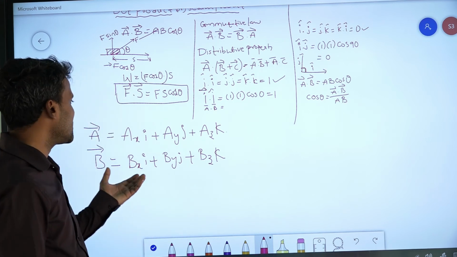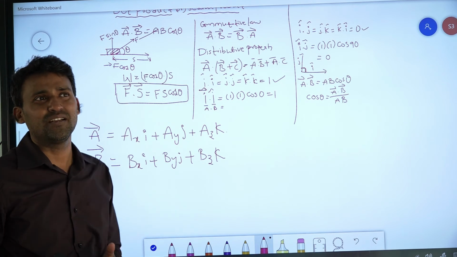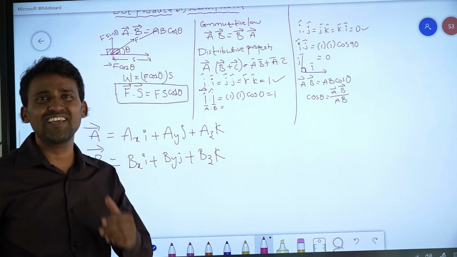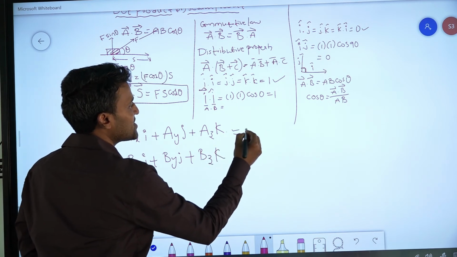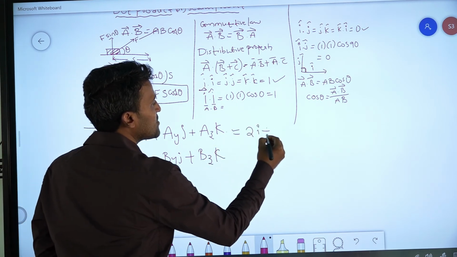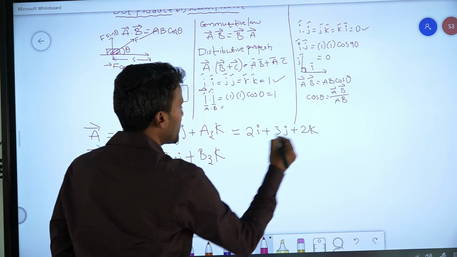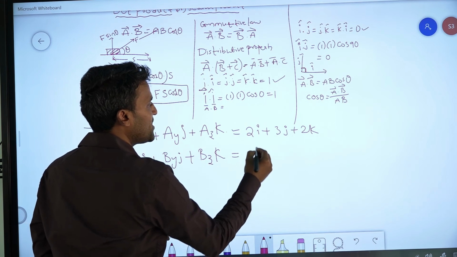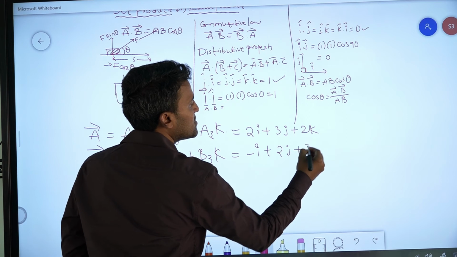Actually, everyone can say it by using this only, but I will explain by using a numerical. If you see a numerical, you can easily understand. So that's why I go for the numerical. The same equation I am writing as 2i plus 3j plus 2k, and b is equal to minus i plus 2j plus 3k.